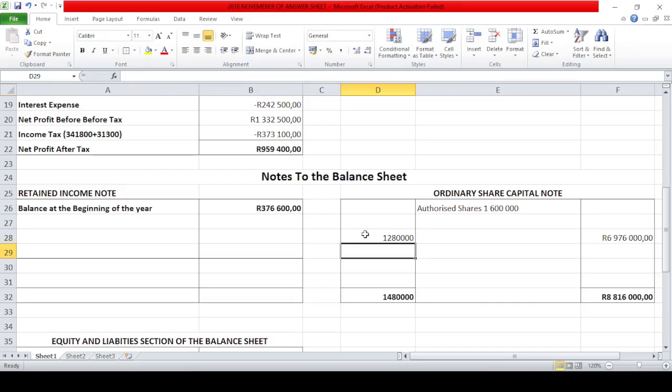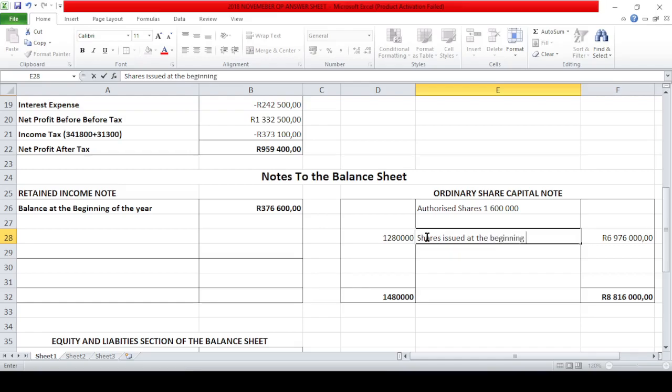So at the beginning of the year, we issued 1,280,000 shares. These are the shares issued at the beginning of the year.